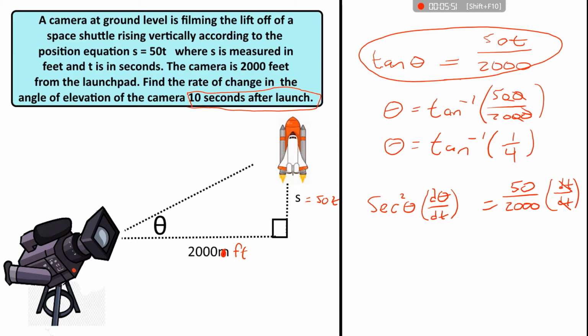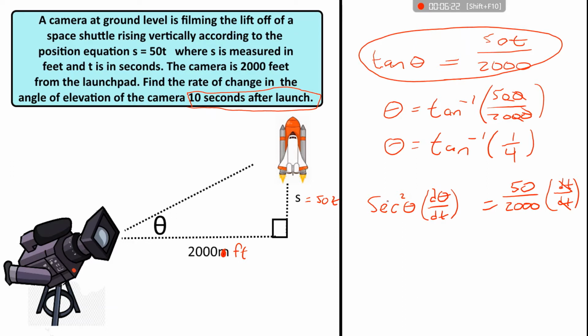Then we've got our angle here. If I want to solve for d theta over dt, I want to get this part alone. What do I have to do? I'm going to move secant squared to the other side.